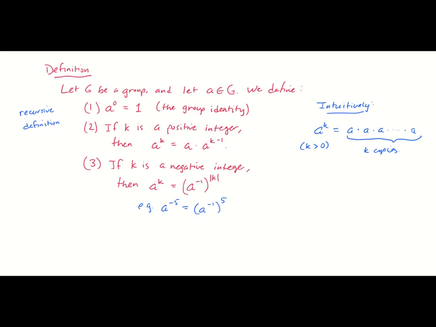Now, under this definition, here are some things that I know. So here are some things that are true. I'm going to zoom out so I have a little bit more room to work while still seeing the definition of exponents on my screen.